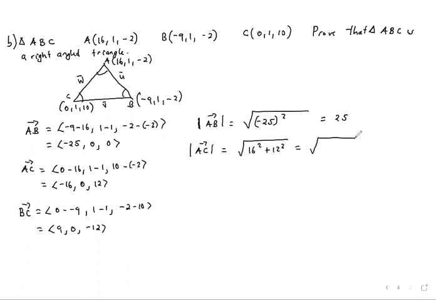The square root of 400 is 20. Then we get the magnitude of BC. That is 9 squared plus 12 squared. The negatives are okay because we'll be squaring them, so you must not worry about them. That will be 9 squared, that is 81, plus 144, 225. The square root of 225 is 15.